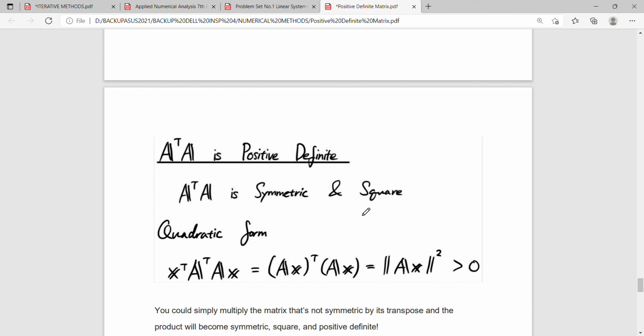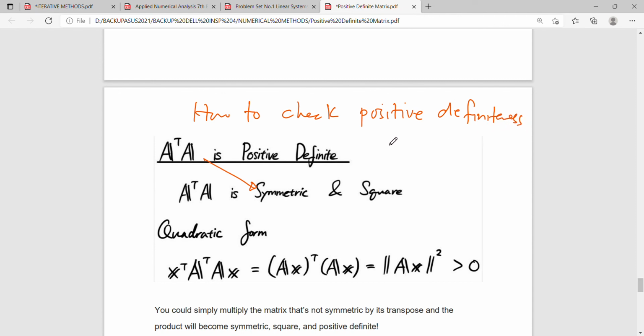And that is only by multiplying the matrix with its transpose to make it symmetric and square. Okay? So this is a question on how to check the quadratic form of an unsymmetric matrix.